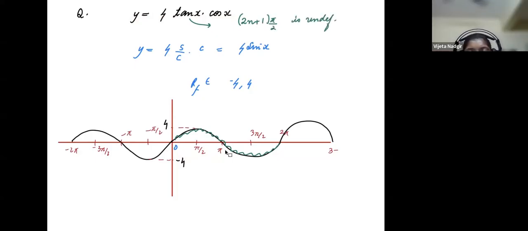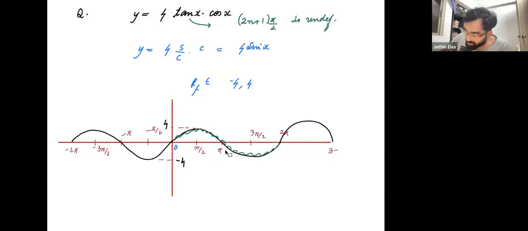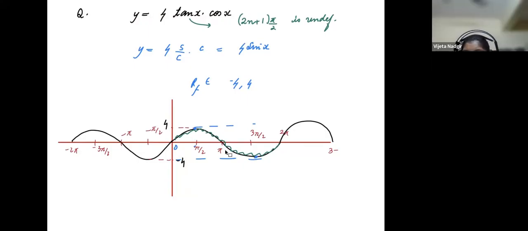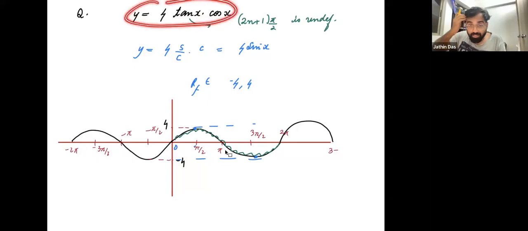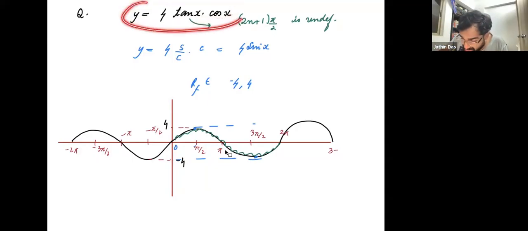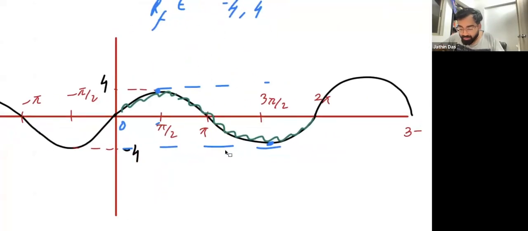So where will that happen? At this point and this point, it will go undefined. So if I'm trying to plot this very carefully, this is 12th standard I'm teaching you. When I'm plotting this curve, it looks almost like 4 sin x. But I'll tell you the small difference. Here it is not defined, see. Here, and you will keep a circle here. It's not defined at that point.